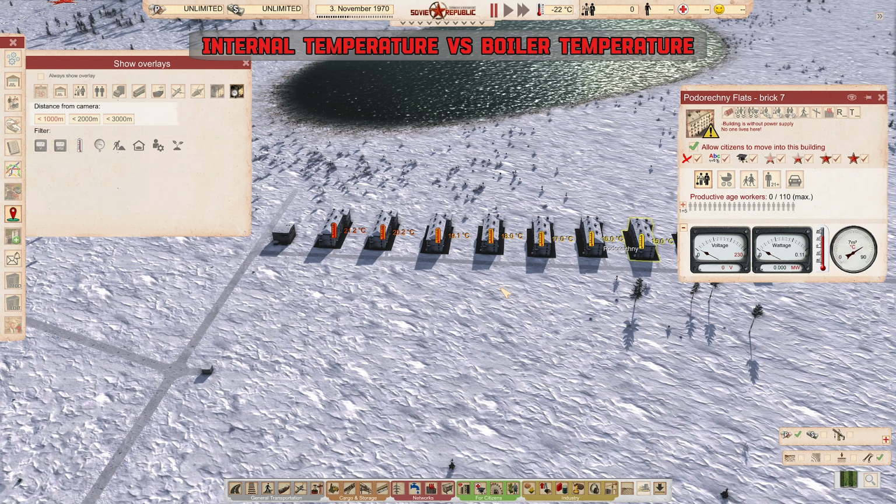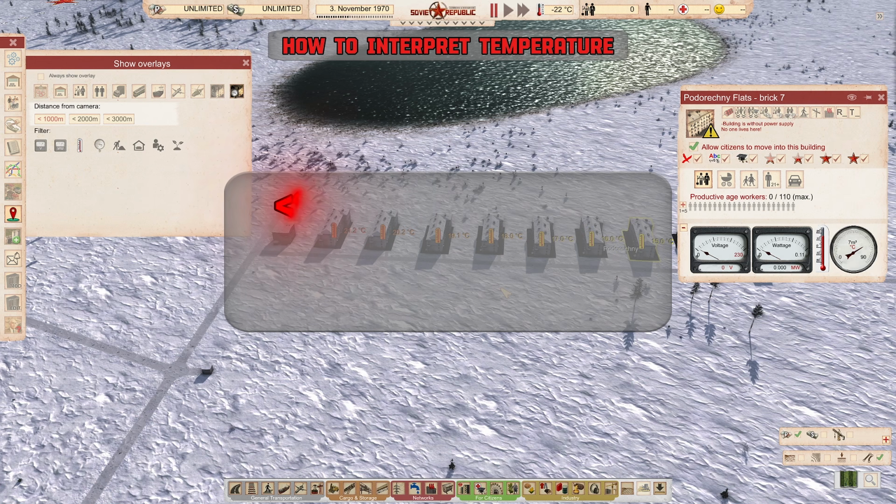Moreover, let's move into the next topic a bit, and let's talk about comfortable temperatures. Everything below 15 degrees Celsius is a problem area. Your citizens will get sick, happiness will drop considerably fast, and your hospitals will get overflooded by patients.